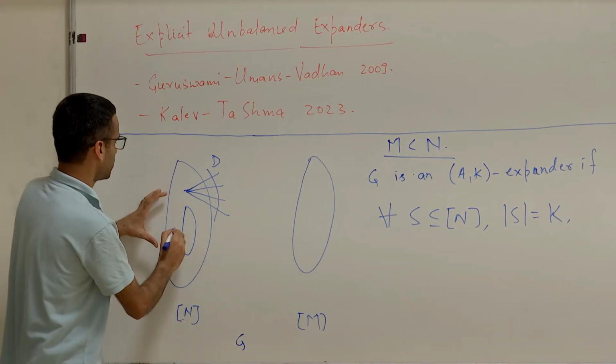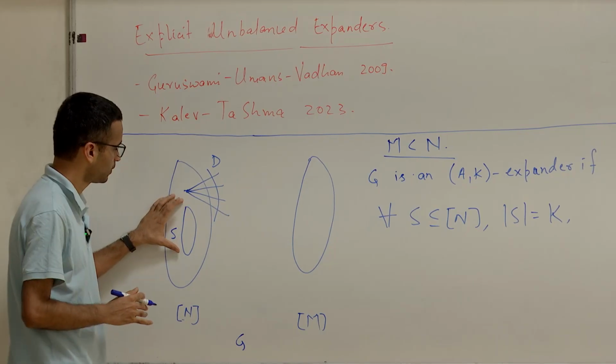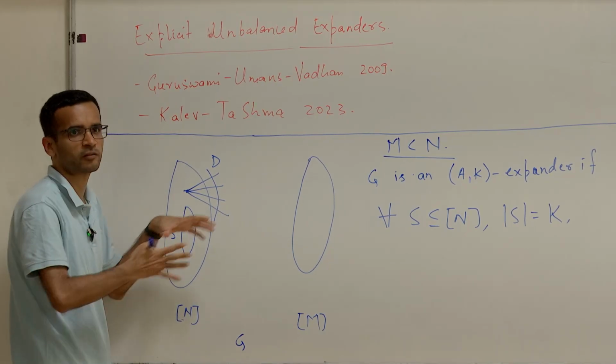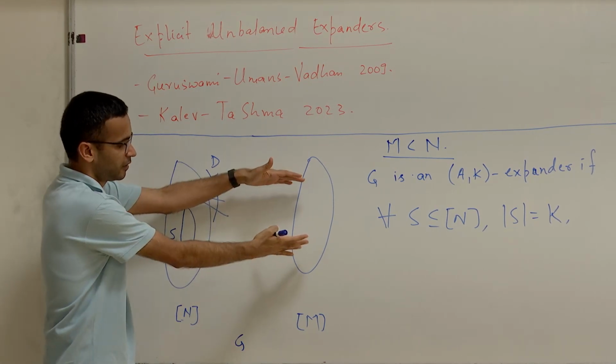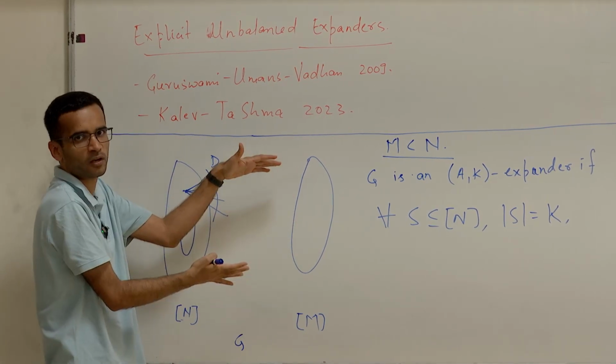So this is a set S of size at most k, and we want all such sets to expand, meaning the number of neighbors this set sees on the right hand side should not be very small.